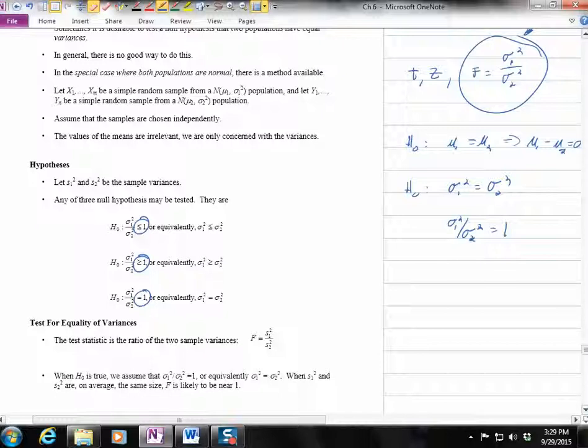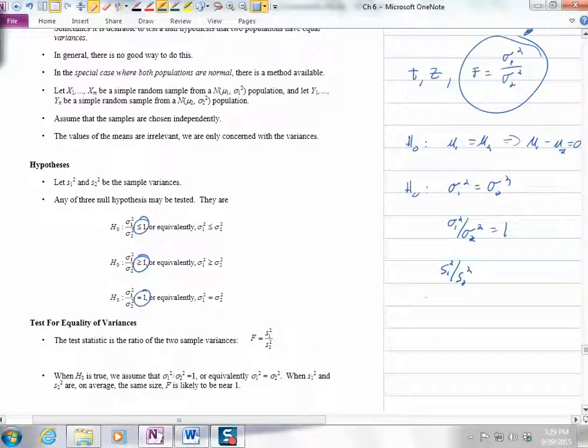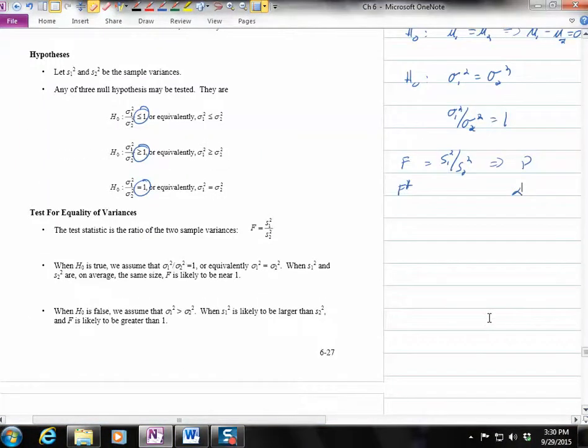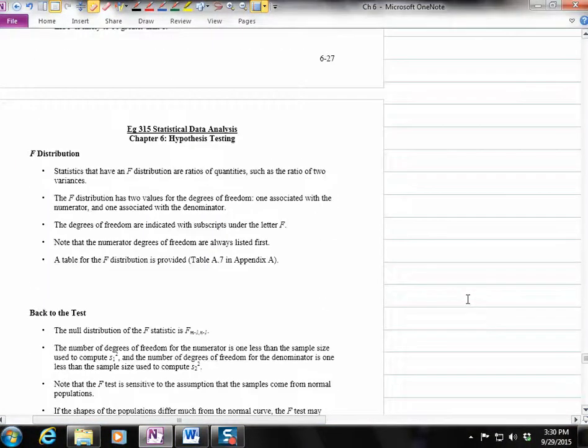We go to our data, we calculate that ratio, that gives us an F. We can compare it to an F star, or we could go from F to a p-value and compare with alpha as before. So almost everything is as before, except we're working with a ratio of two variances. Okay. There's one more twist, but I'll wait on that until we at least get this stuff down.